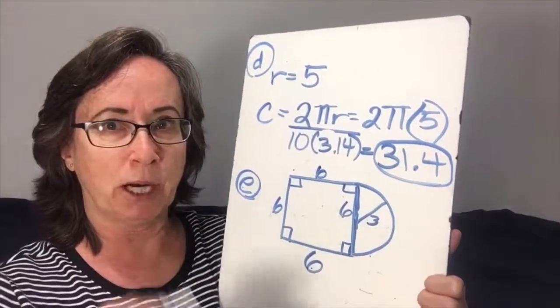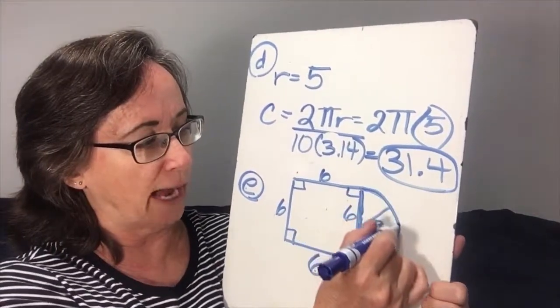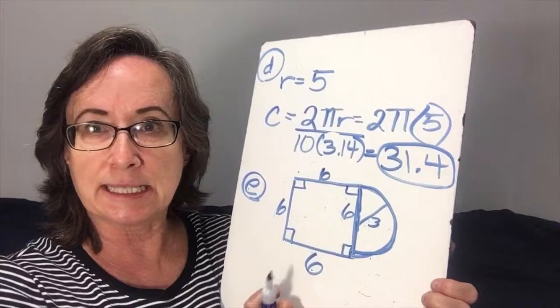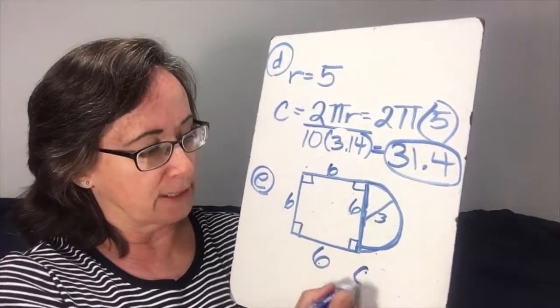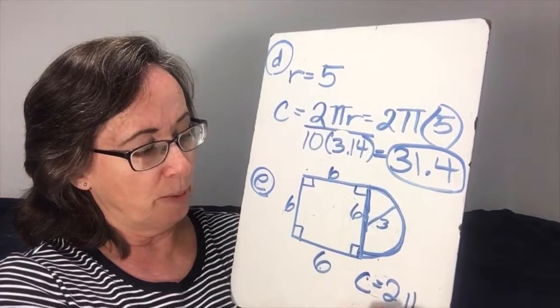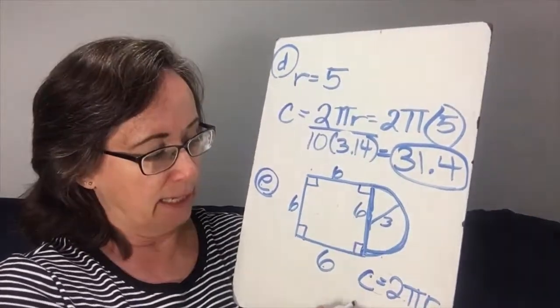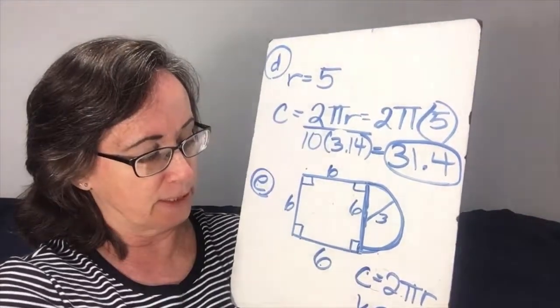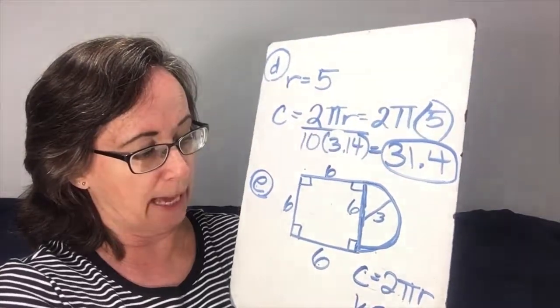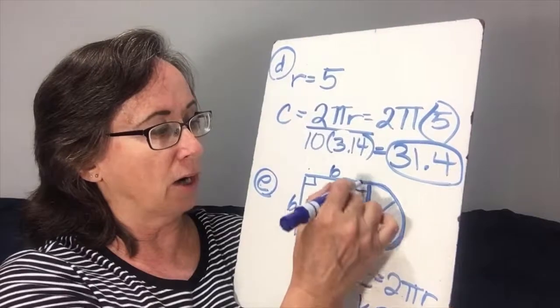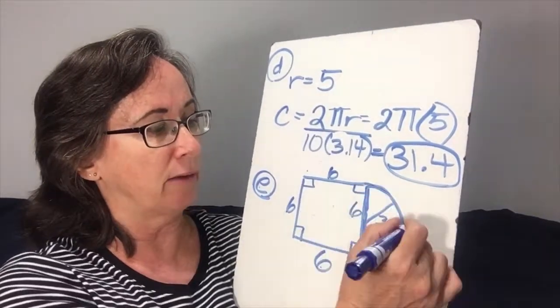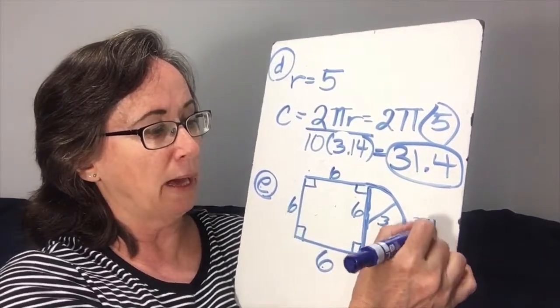And we have all the parts except we need to figure out this distance around, which is half the circumference of a circle. Since circumference is 2 pi r, then half of a circumference is going to equal just pi r. So since 3 is our r, we're going to have this distance around be 3 pi.